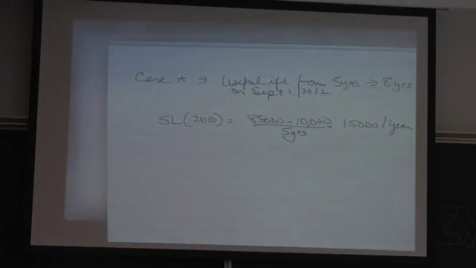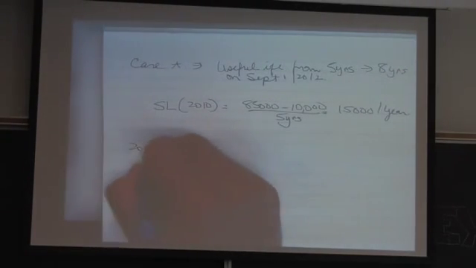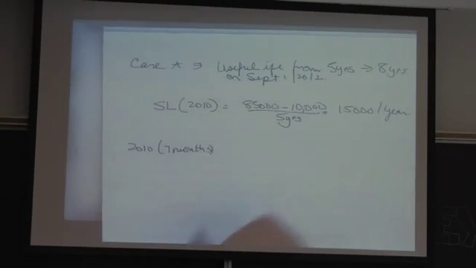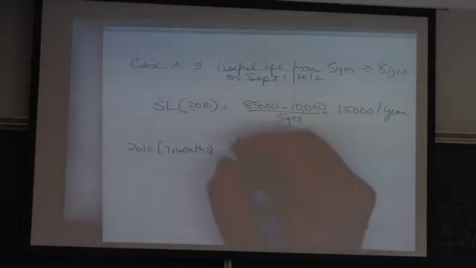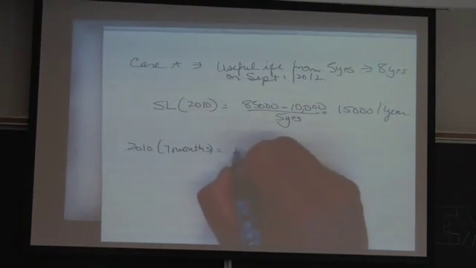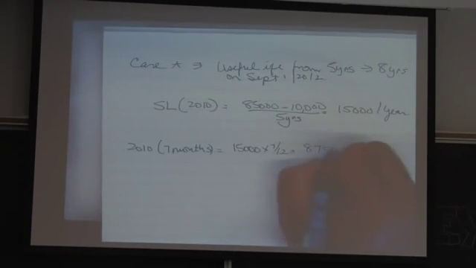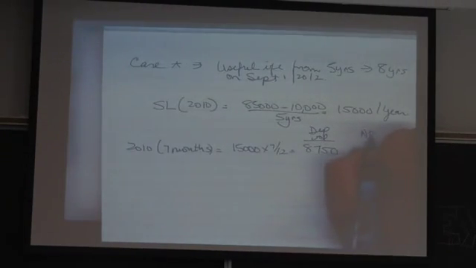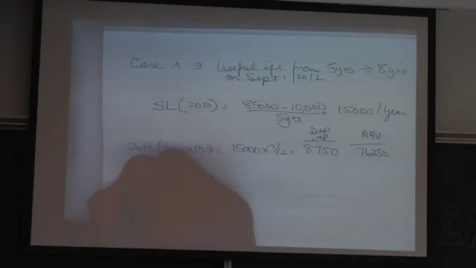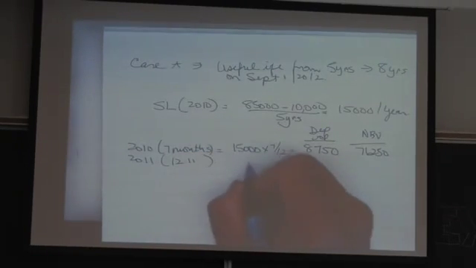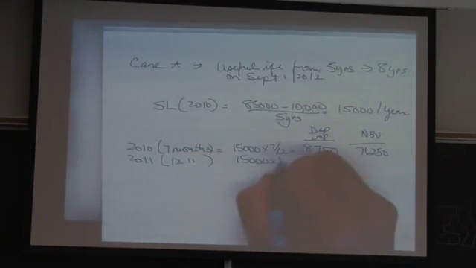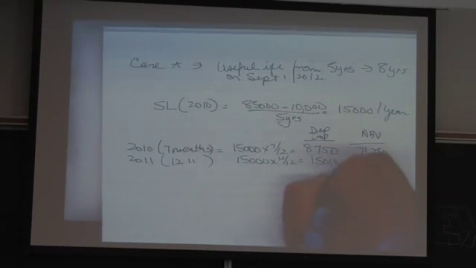For 2010 it was 7 months, from June 1st to December 31st, so the depreciation expense is 15,000 times 7 over 12, which is 8,750. The net book value is 76,250. For 2011, it's 12 months: 15,000 times 12 over 12 gives us 15,000, and the net book value is 61,250.